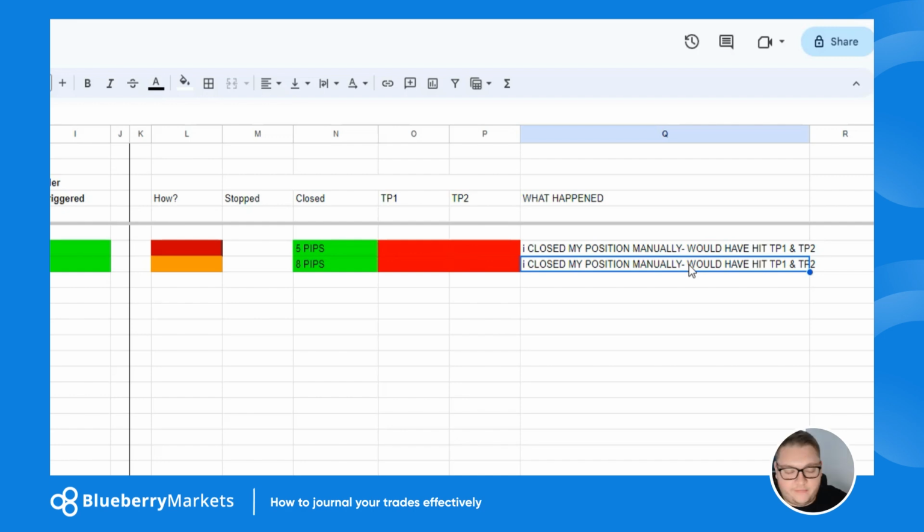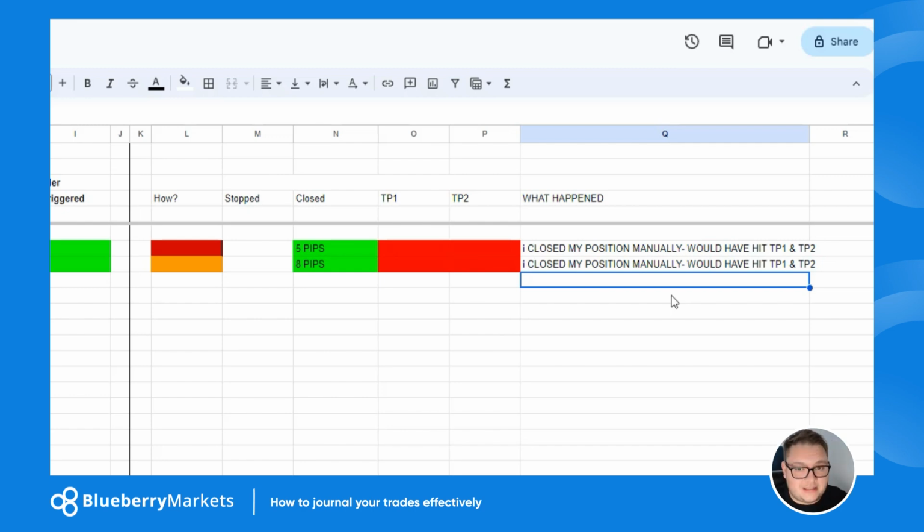Maybe it was on Tuesday, Wednesday, Thursday, whatever. I can see, color coded, that I am closing my positions out too soon, and if it would have gone and hit TP1 and TP2, then I know that I should be holding my positions because they are good entries. I'm just managing the trades poorly from my side.